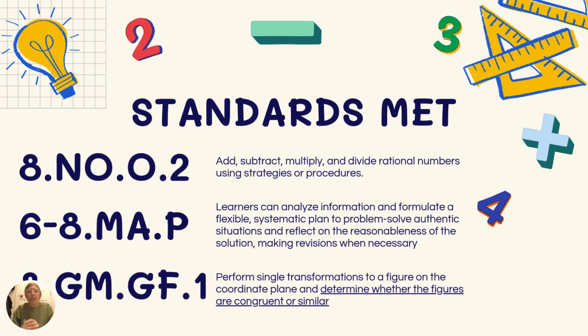The standards met during this game include 8.0.0.2, which is add, subtract, multiply, and divide rational numbers using strategies or procedures. And 6 through 8.ma.p, which is learners can analyze information and formulate a flexible, systematic plan to problem solve authentic situations and reflect on the reasonableness of the solution, making revisions when necessary.